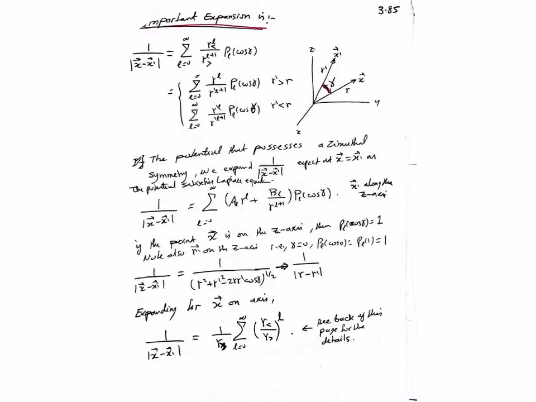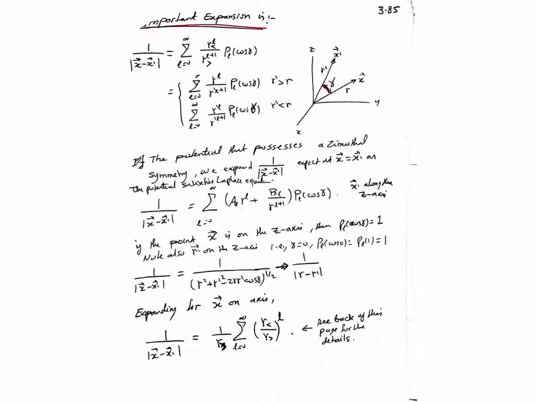Now, if the potential or the distribution possesses azimuthal symmetry, we can expand this along the z-axis. We know that 1 over x minus x prime is given by this expression in terms of Legendre polynomials.